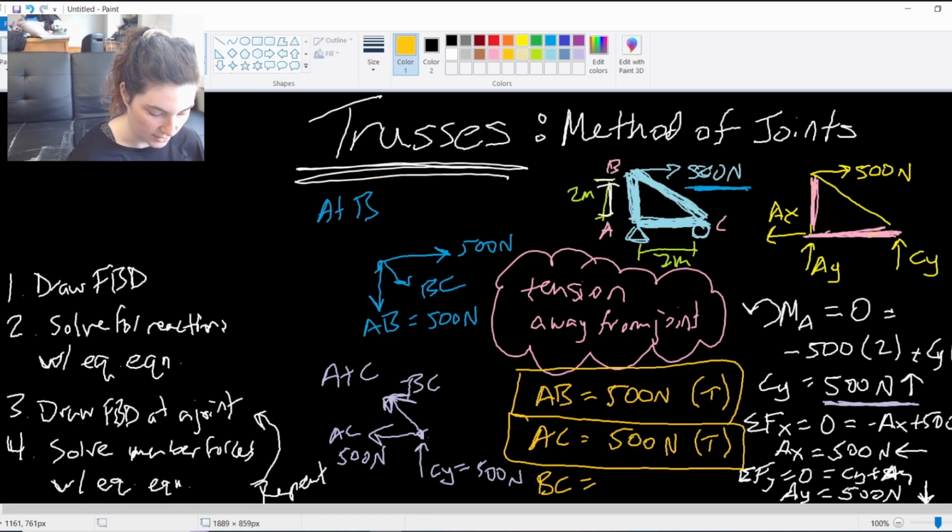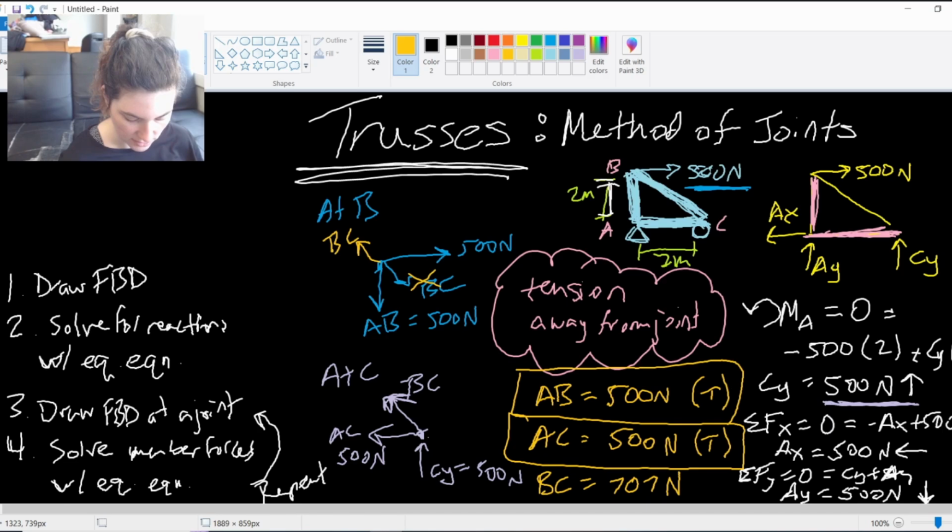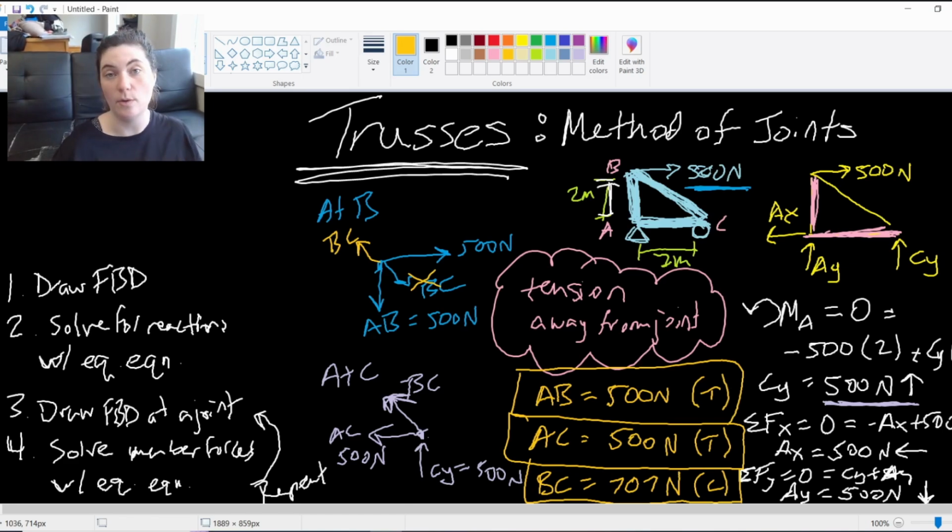It is not pointing this way. It is actually in compression. It is pointing out this way. So we would write 707 newtons in compression. And that would be it. Now that I've solved for every member of the truss, in this case the 3 members, my problem is complete, and my final answer would be all of these forces, the list of forces through every member.